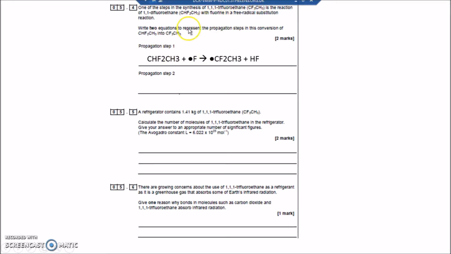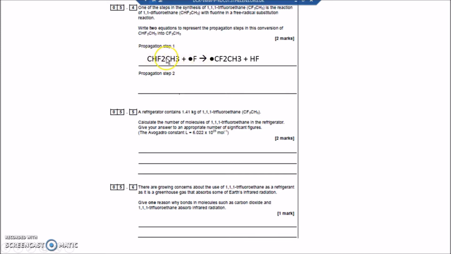You've got CHF2CH3 and an F dot. It always makes HF, or if you're using Cl dot, it always makes HCl. It makes HF or HCl depending on whether you're using F dot or Cl dot. But that's always made, and therefore you can work out what's left.